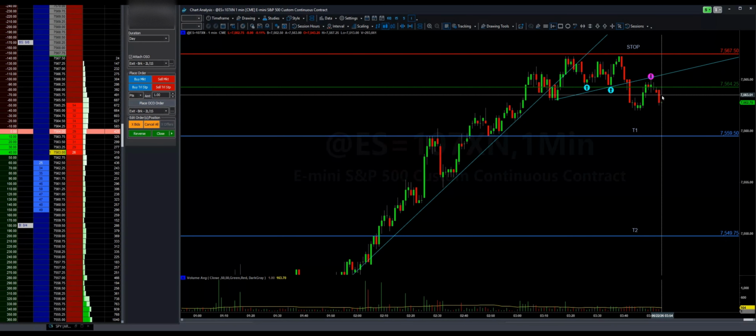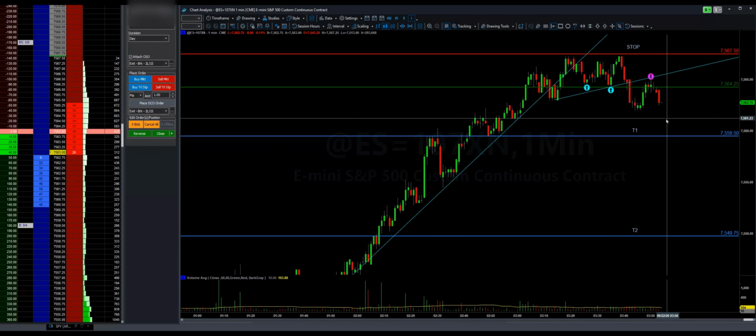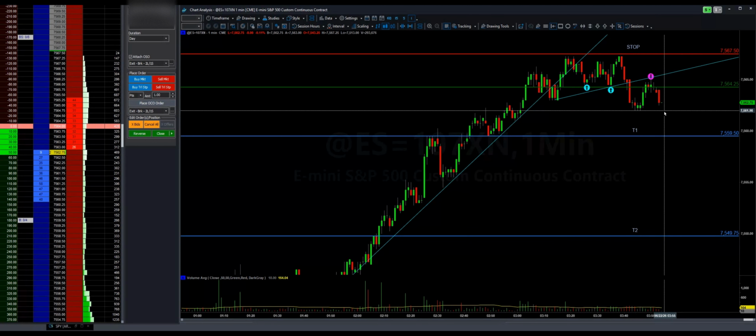When that happens, that means we are in a healthy downtrend, and the trade should work in our favor. So the next move should be a lower low. Otherwise, this trade is not going to work. So technically, that's how the price action works.